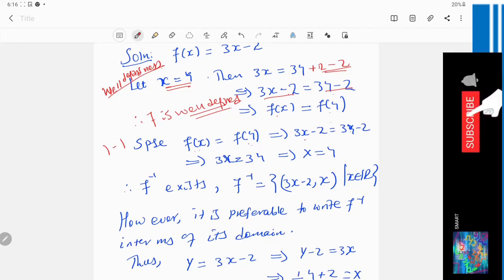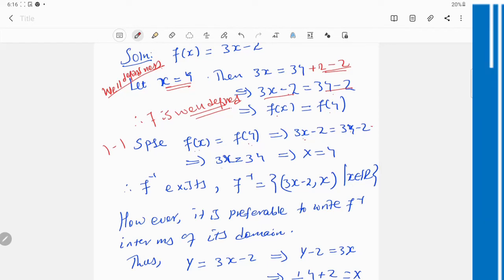If you add 2 to both sides, that means adding 0 again, or taking this one to the right, then you'll get 3x equals 3y, and dividing both sides by 3, you'll get x equals y. So we showed it's 1-to-1. If it's 1-to-1, by definition we say what? The inverse of f exists.